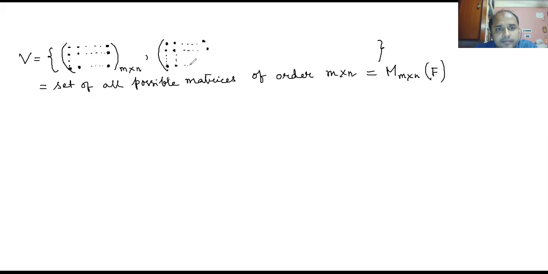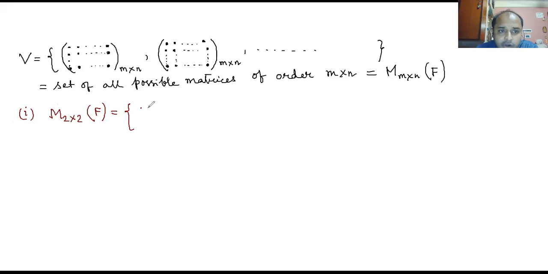So all the matrices in this particular case are m cross n, and it goes up to infinity, all possible matrices of order m cross n. For example, if we consider the set M 2 cross 2 F, then it is a set containing only the 2 by 2 matrices with different elements in it.